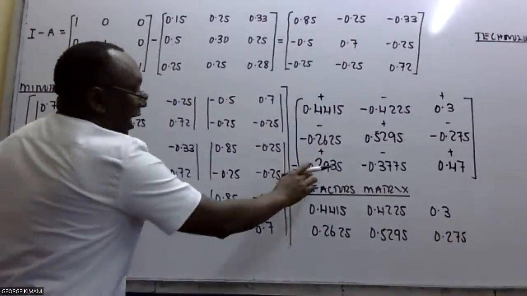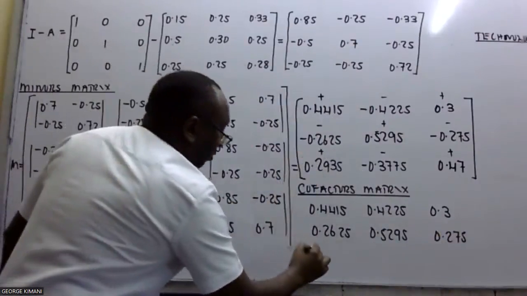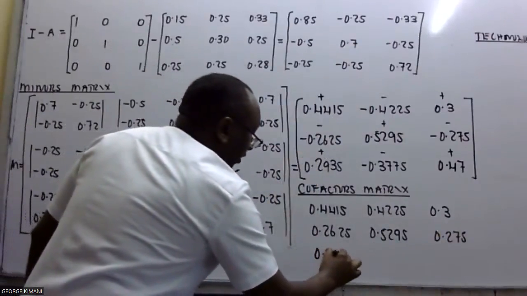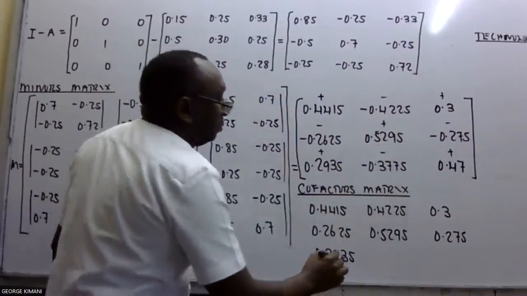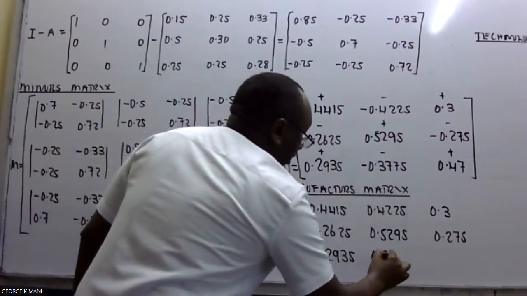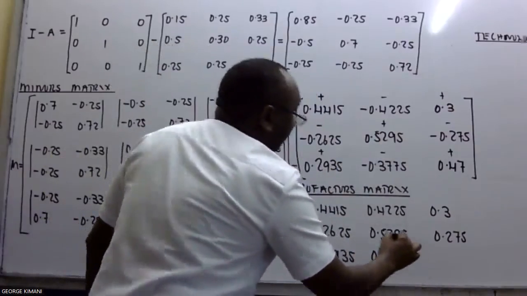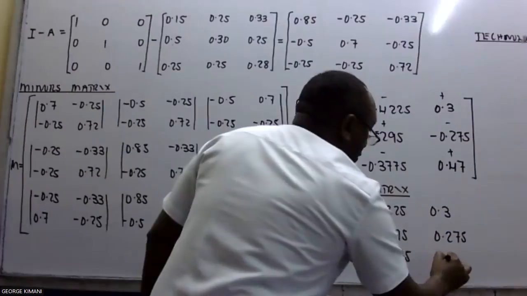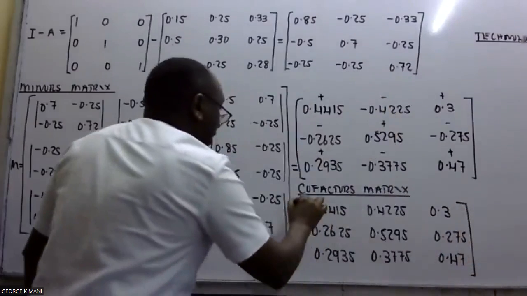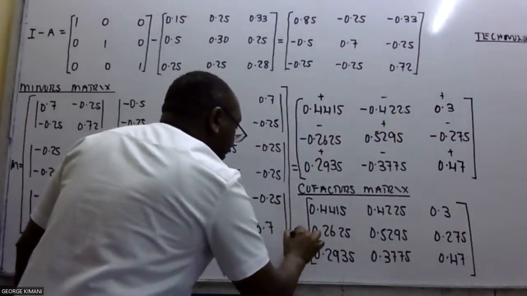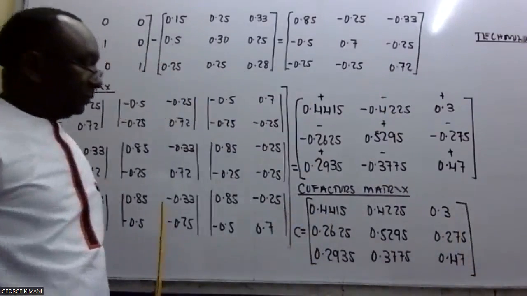Positive, positive, so we are left with 0.2935. Negative, negative, they become positive, 0.3775. Then that is 0.47. That is what is called the cofactors matrix C.